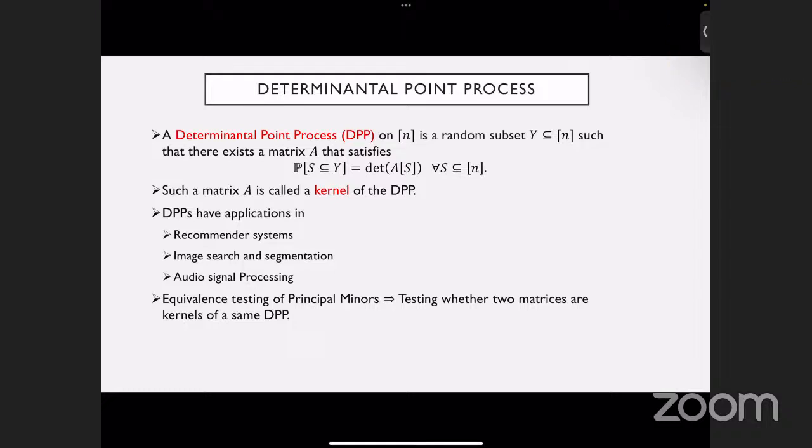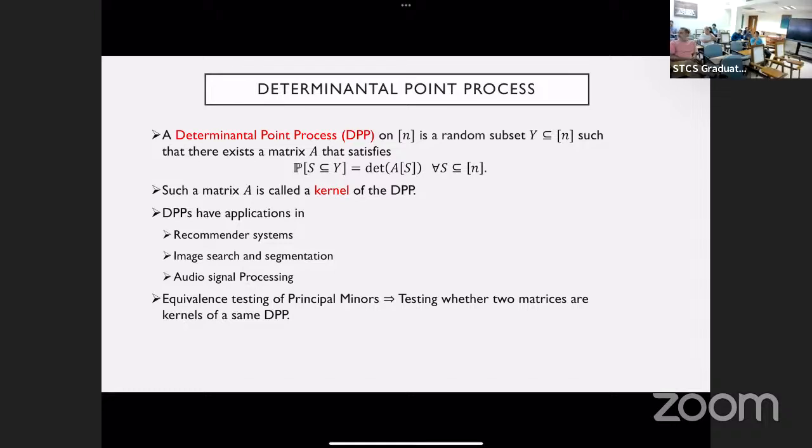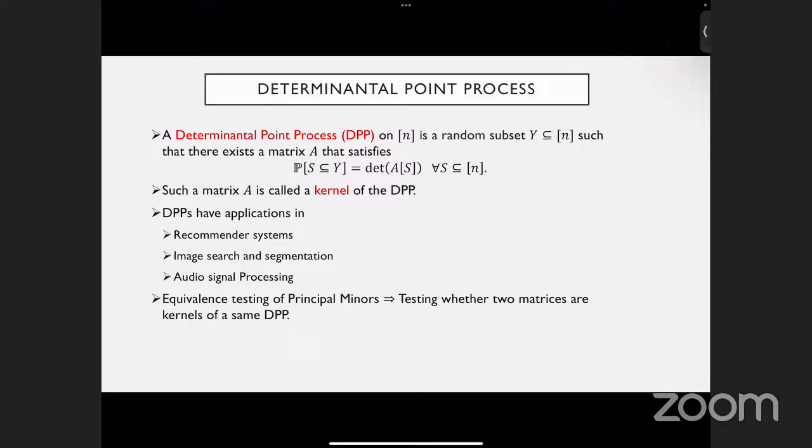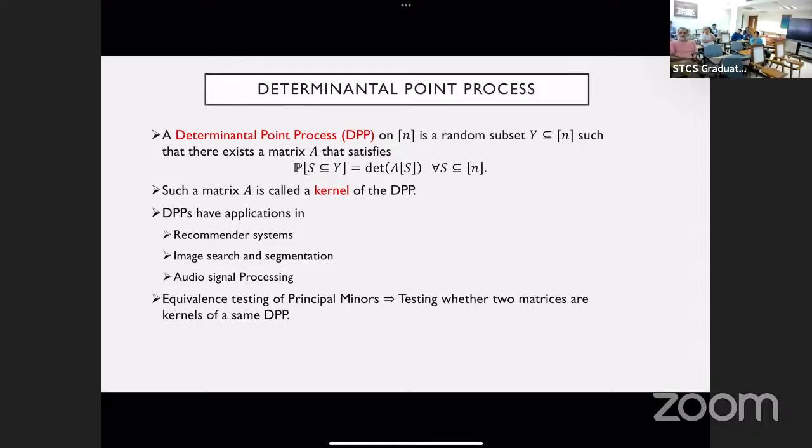I think if the eigenvalues are between 0 and 1, then it can be shown that it is a kernel of a determinantal point process. You're saying this is necessary and sufficient? Yes, I think. Actually, I'm not sure.